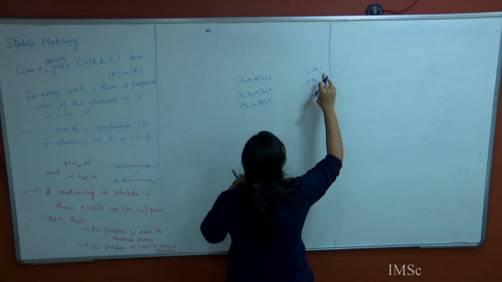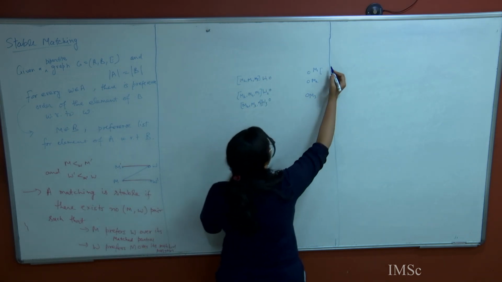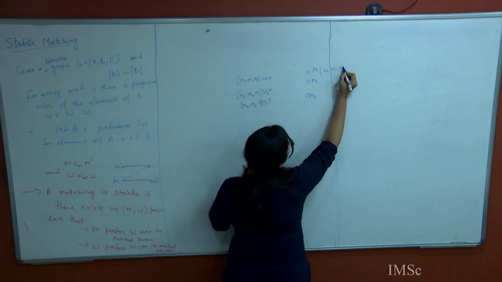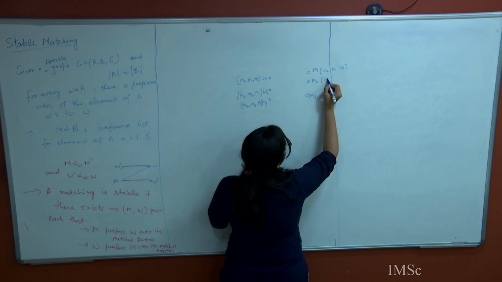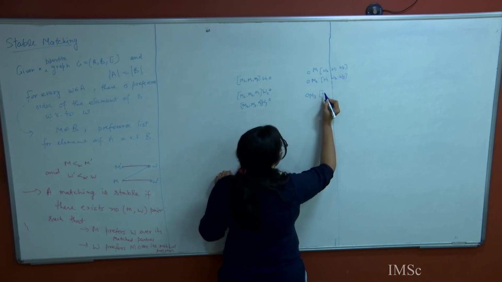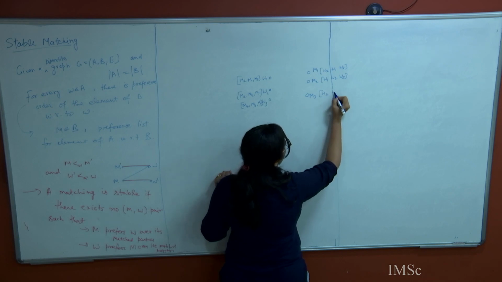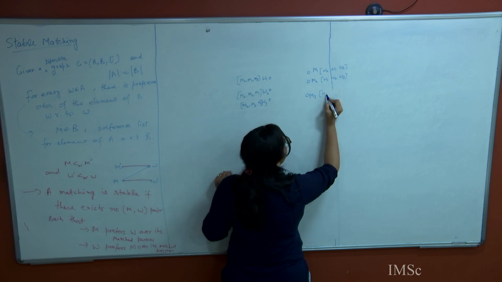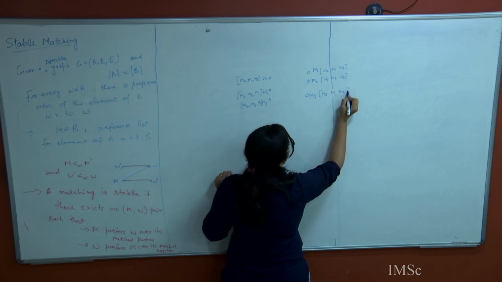Similarly, for M1, we have some preference. So say W2, W1, W3, then W1, W2, W3, and say anything, 3, 1, 2. Okay.